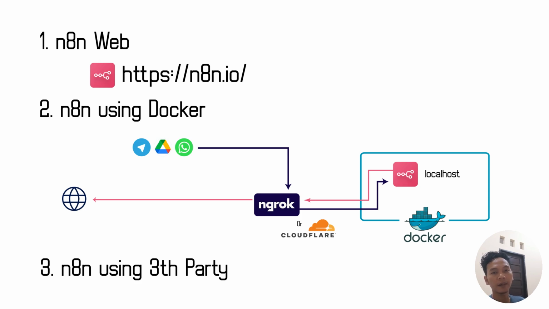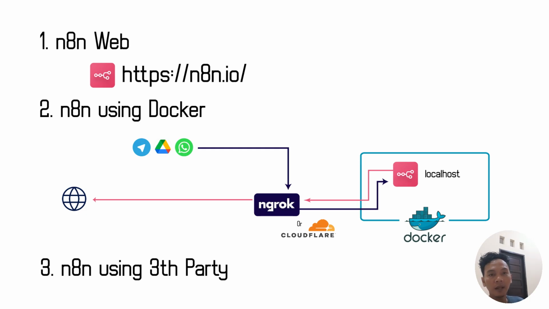First, using NXN Cloud. This is the most practical option and recommended for beginners or anyone who wants to get started immediately without any technical setup. And then installation on a local computer. This option offers full flexibility and cost efficiency, and it's totally free because it runs on our device.